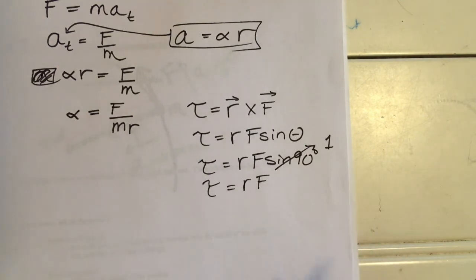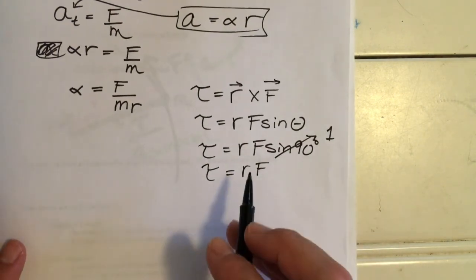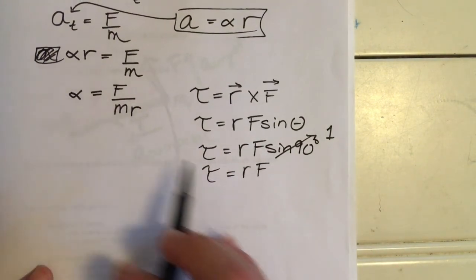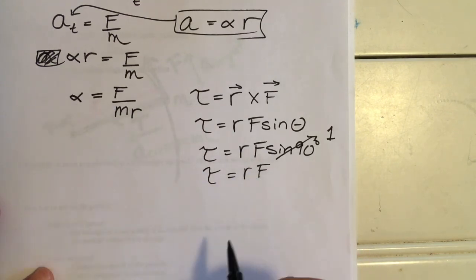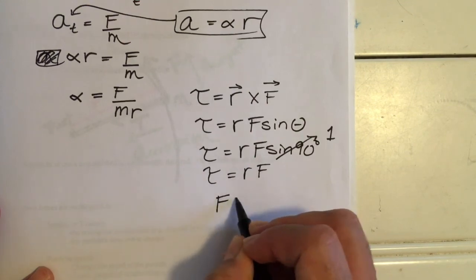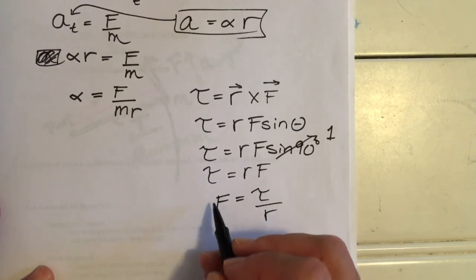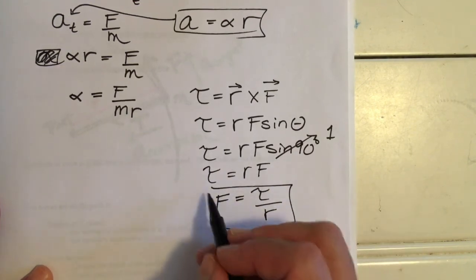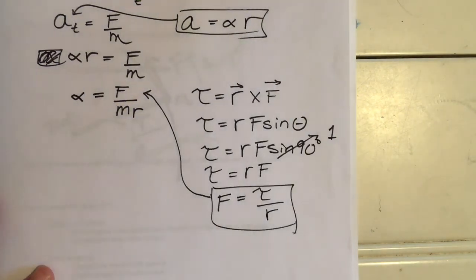So we have here torque is equal to rF, but we want torque in here, right? And we don't want F there, right? So I'm going to go ahead and solve for F now. If I rearrange this, I can see that force is equal to torque over r. Okay, so now I can go ahead and sub that right there.